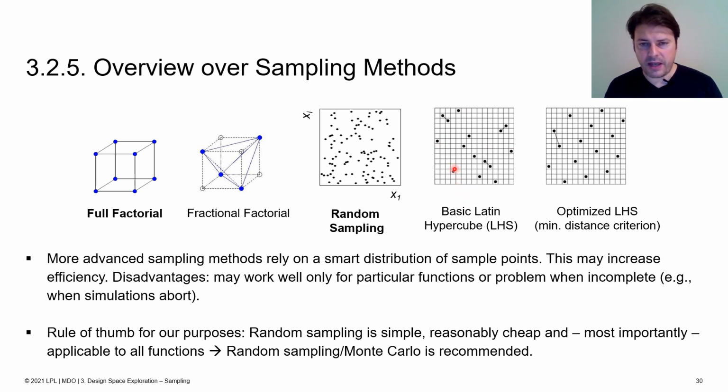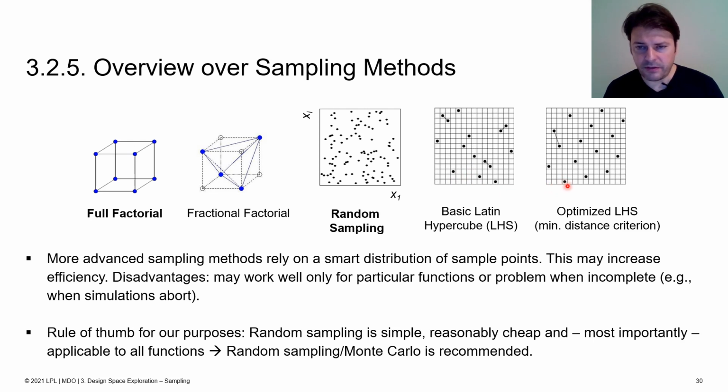The exact location within that little square will be chosen randomly, and what row and what column will also be chosen randomly. And this is a way to somewhat control that you don't have large holes in your sample. However, in high-dimensional problems, in my opinion, it doesn't make a big difference compared to random sampling.